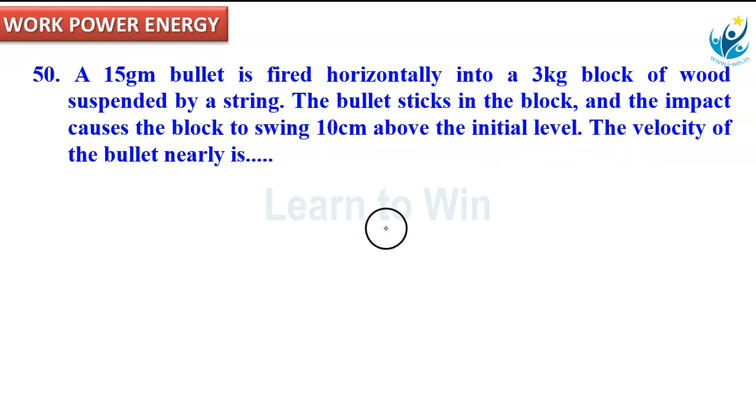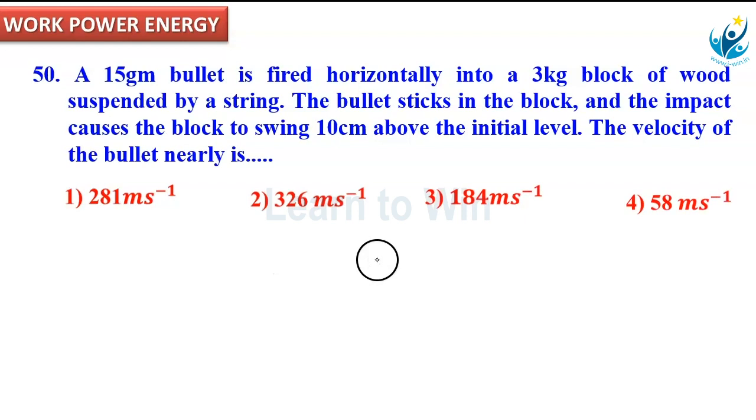The velocity of the bullet is nearly what? Here we are going to find the initial velocity of the bullet. The options are these four. Now the solution.